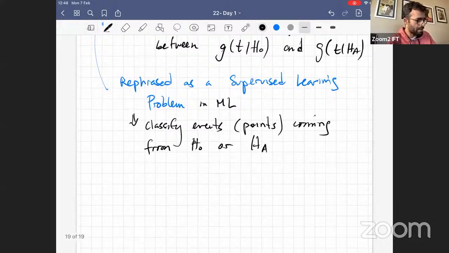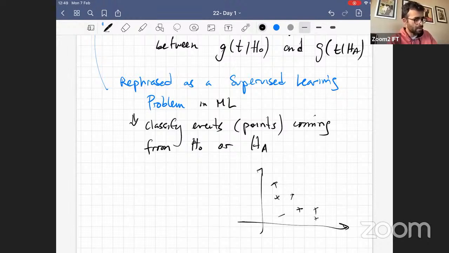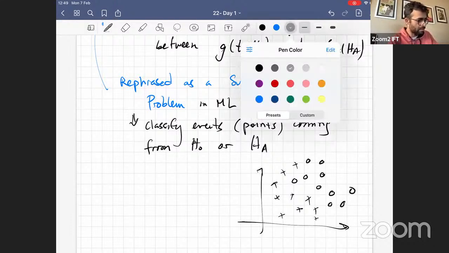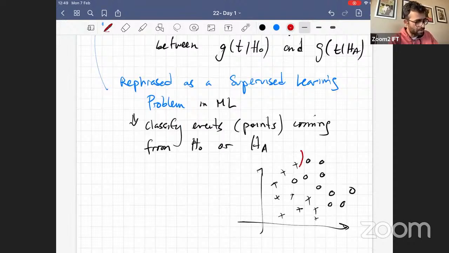So in a way, you can think of a problem like this. You have points here coming from one hypothesis, and then you have points here coming from another hypothesis. And then, of course, the idea is to try to get some discrimination. Imagine that this is H0 and the points here are HA.